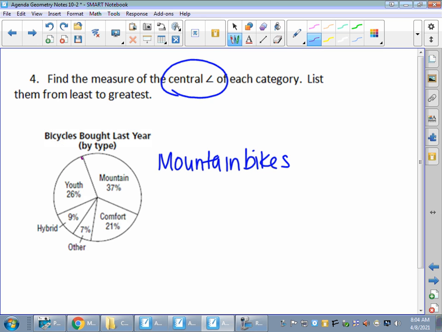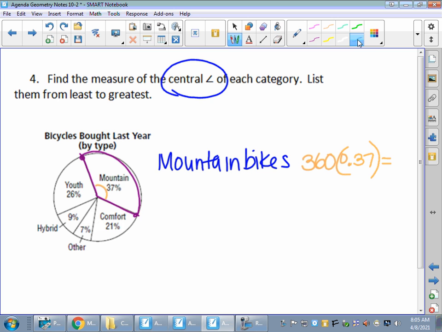So if I'm looking for this arc, or if you prefer, this central angle, it's 37% of the circle. How many degrees are in a circle? 360. So I'm going to do 360 degrees times 37%, which we know turns into 0.37. When I do that math problem, that gives me the degrees.